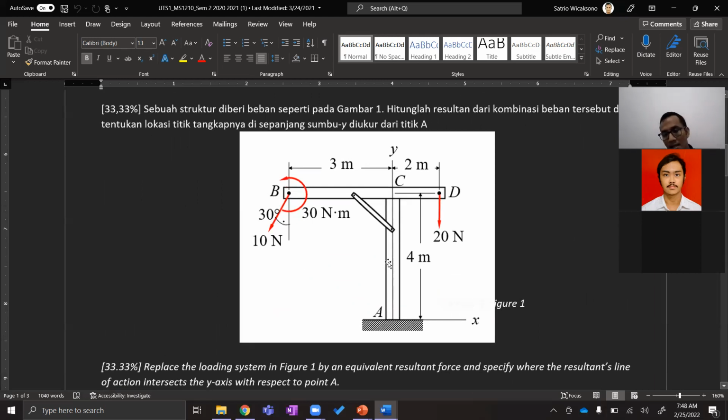Most likely in our exam, most of the time we will have 2 to 3 questions. So an equilibrium problem will be there, of course. A truss problem will be there.